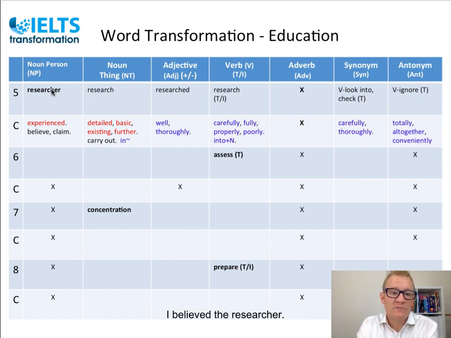I believed the researcher. The researcher claimed that. The researcher believed that. He was an experienced researcher. I carried out basic research in linguistics. He was well researched. He was thoroughly researched.